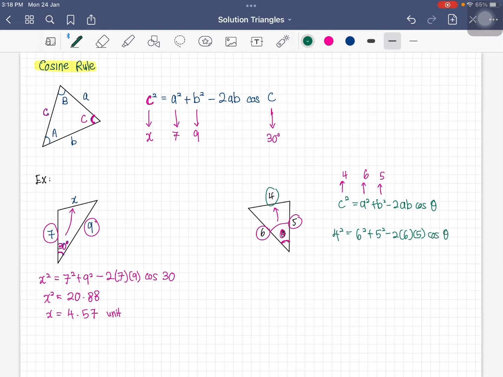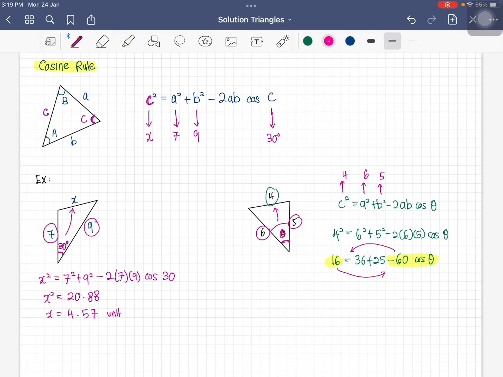Our aim is to find cos theta, so we need to simplify this. 16 equals 36 plus 25 minus 60 cos theta. I want the term with cos theta on the left side, so I change the position between the negative 60 cos theta and 16.